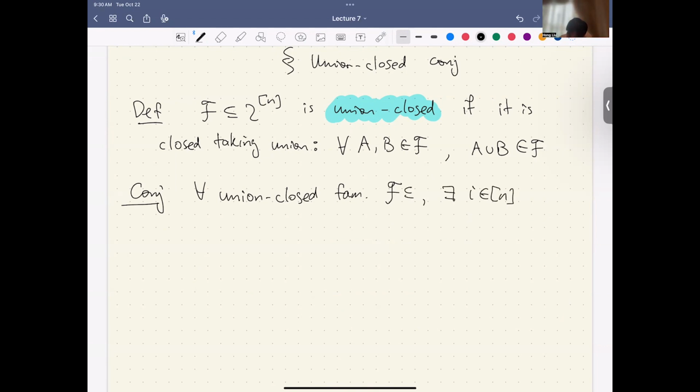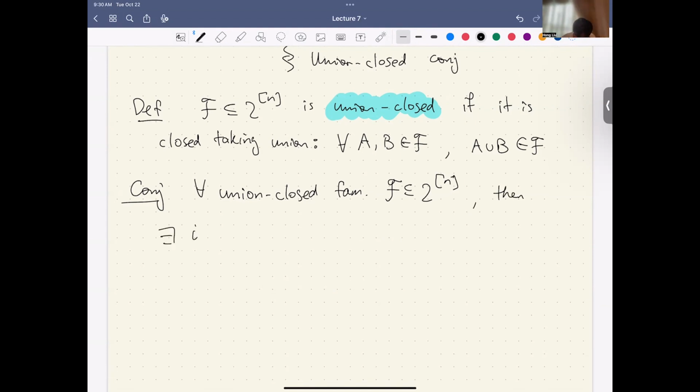So F lies in 2 to the ground set N, then there exists a popular element i in N lying in at least half of the sets in F. If true, this would be optimal.